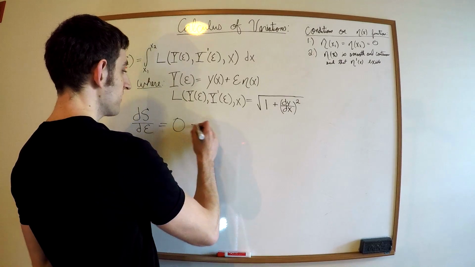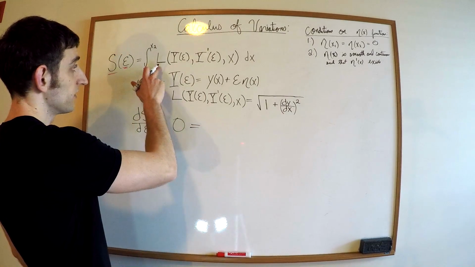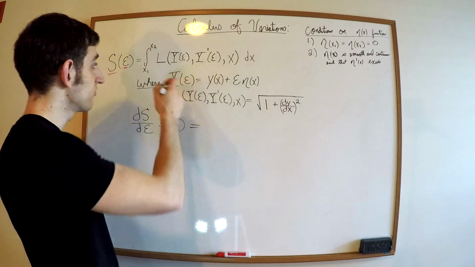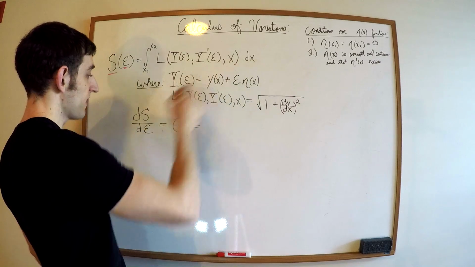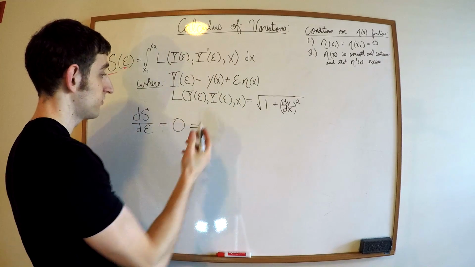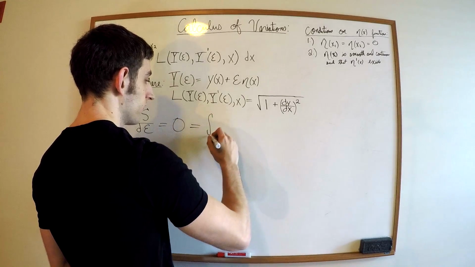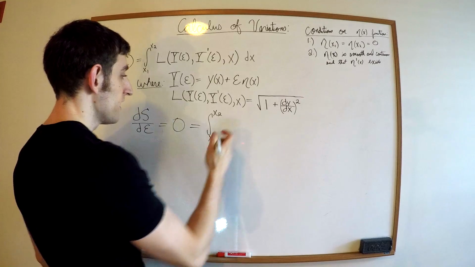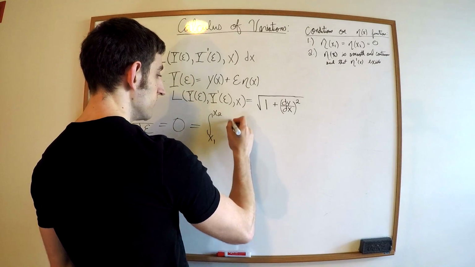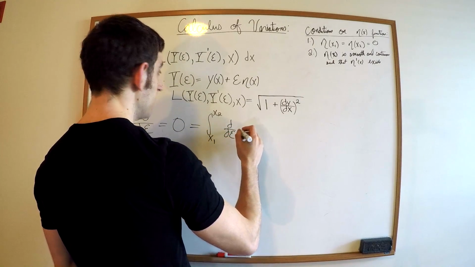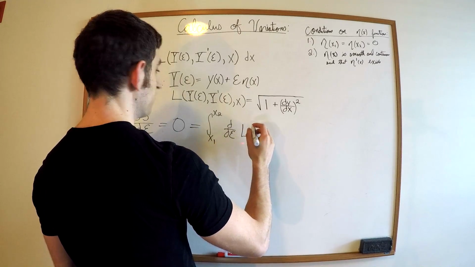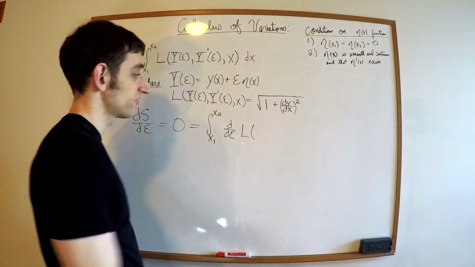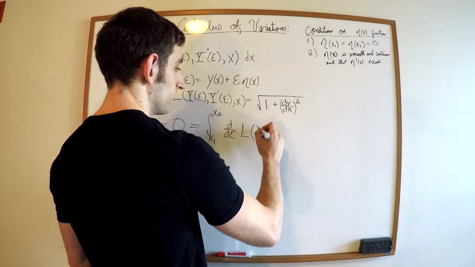Well, when we take the derivative of this function here, we can bring it inside the integral because this is in terms of x and we're differentiating in terms of epsilon. So we end up with the integral from x1 to x2 of the derivative with respect to epsilon of this L function, which is the square root of 1 plus dy dx squared. So let me just write that out.